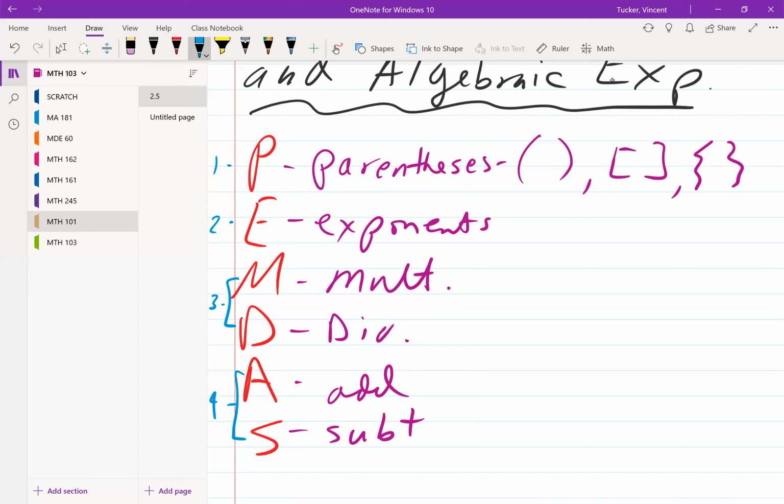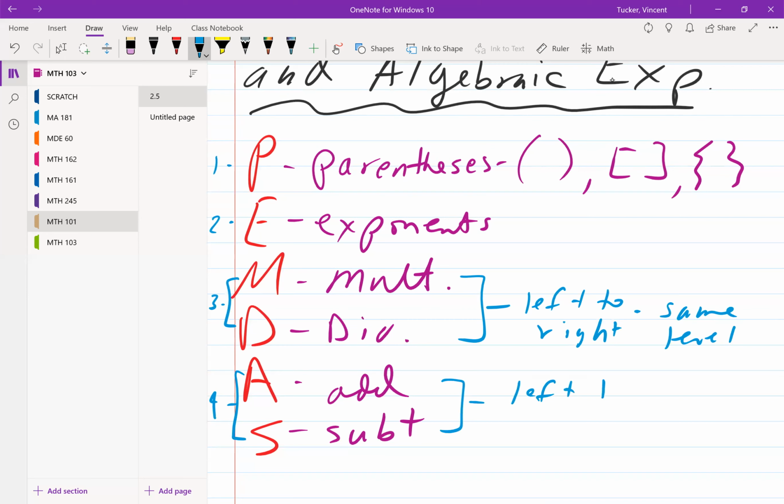Fourth, addition and subtraction. So multiplication and division, you would do them from left to right. They're basically seen as being on the same level. Same thing with addition and subtraction. You would do those from left to right, which is seen as being on the same level.